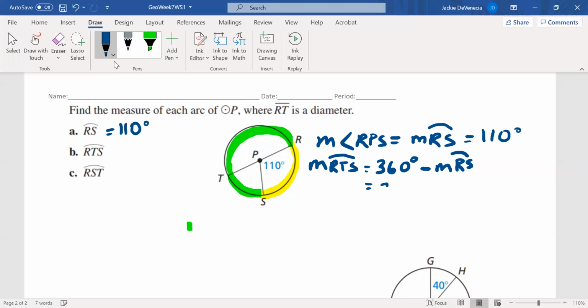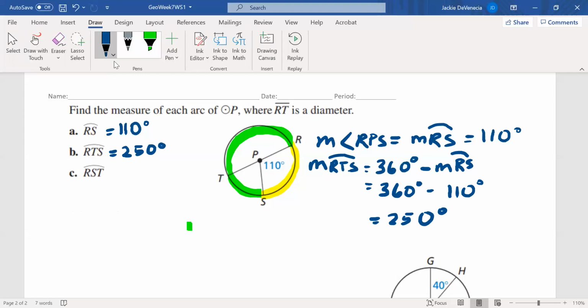If we substitute everything, 360 minus 110 degrees, you're going to end up with 250 degrees. So this one over here will be 250.